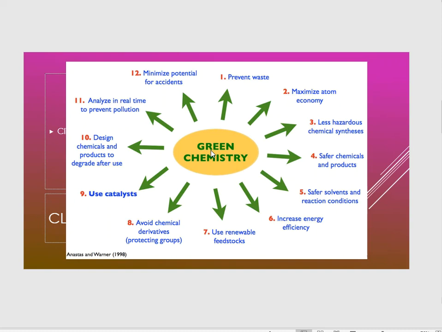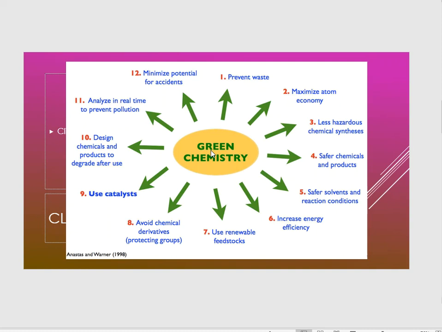And number 12, minimize the potential for accidents. And really, number 3, number 4, and number 5 all relate to number 12 as well. If I get safer chemicals, safer reagents, if I make safer products, then all of a sudden I can minimize the potential for accidents in the laboratory.